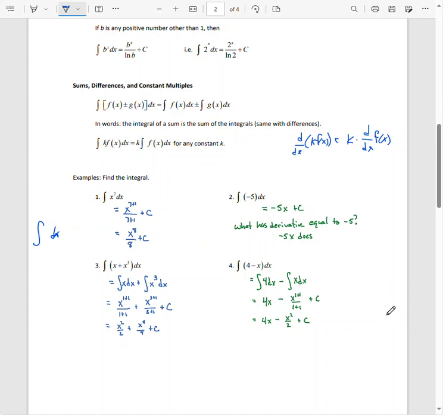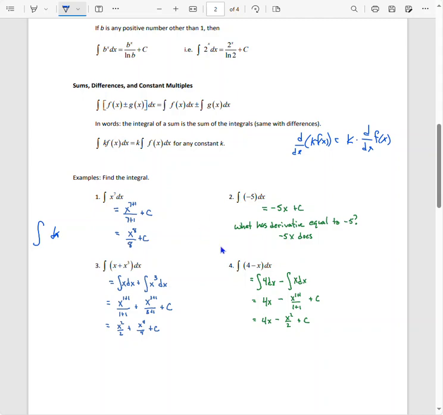They come together just like this d dx was a pair, and it told you what to do. The integral of 4 minus x dx, that's the integral of 4 dx minus the integral of x dx. The integral of 4, what is the antiderivative of 4? The opposite of the derivative? Well, that's 4x. Minus x to the 1st. We already did it over here, so let's not reinvent the wheel. That's x squared over 2.